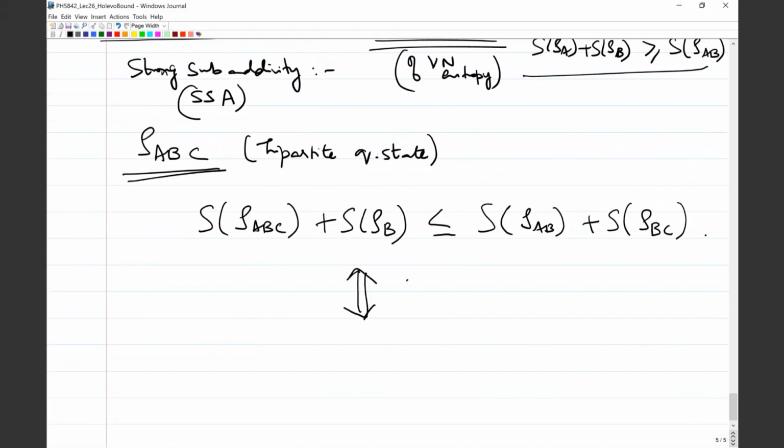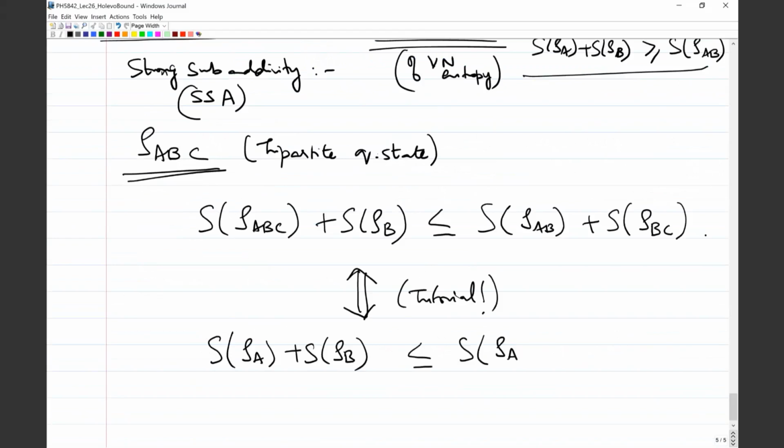So in the tutorial, you will show that this statement also means this statement, which is S(ρ_A) + S(ρ_B) ≤ S(ρ_AC) + S(ρ_BC).